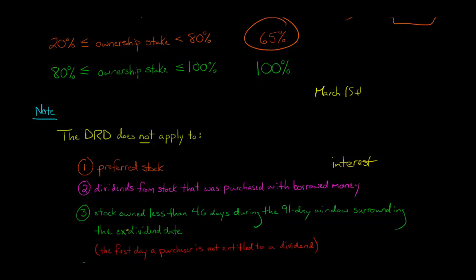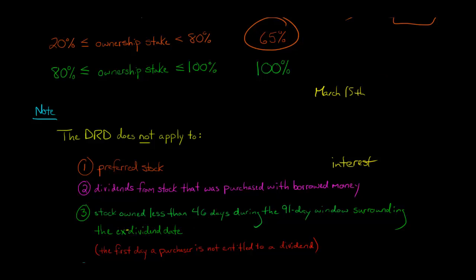The ex-dividend date is the date after which anyone holding the stock is not entitled to a dividend, after the company announced it's going to issue a dividend to all its shareholders. So if the ex-dividend date is March 15th, then on March 16th, if you just bought the stock for the first time, you don't get a dividend. It's anybody on March 15th or before.